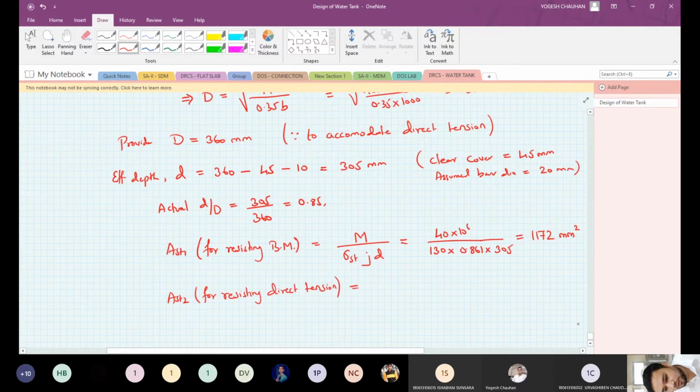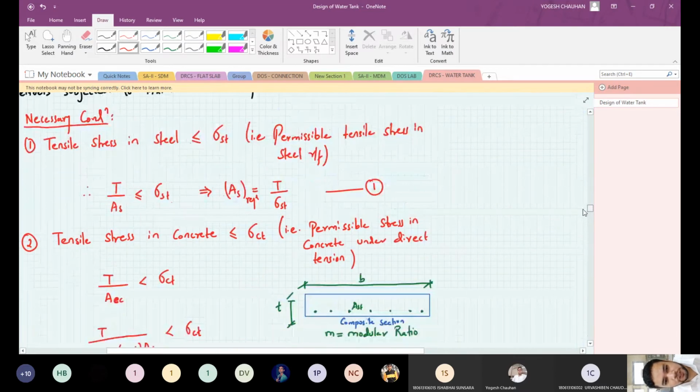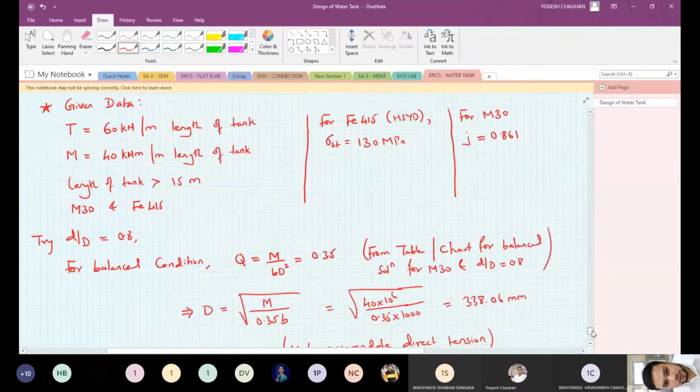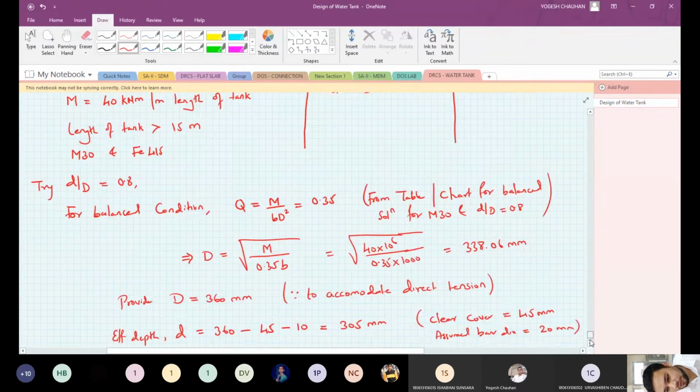Now, if you remember from theory of direct tension, for a member subjected to direct tension, the amount of steel is given by T divided by sigma st. Now direct tension is this value, 60 kilonewton per meter length of the wall.